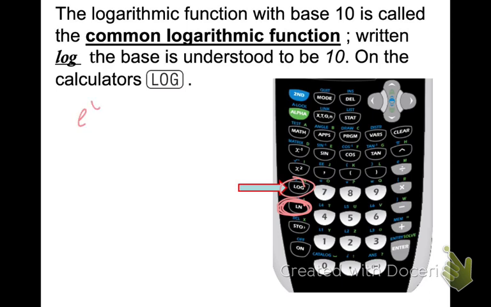So you had e to the x, and now if you have log base e, we just say the natural log, ln. So on the calculator, log is always base 10. ln is base what? e. When you see ln, you know it's base e. We never write it like log base e. That looks funny, does it not?